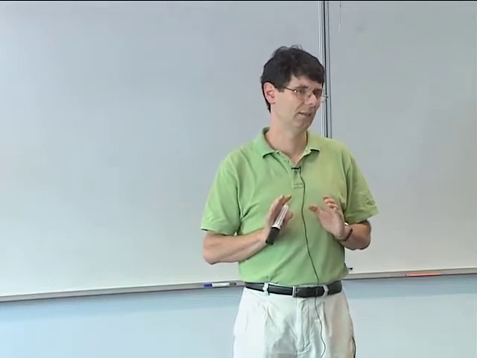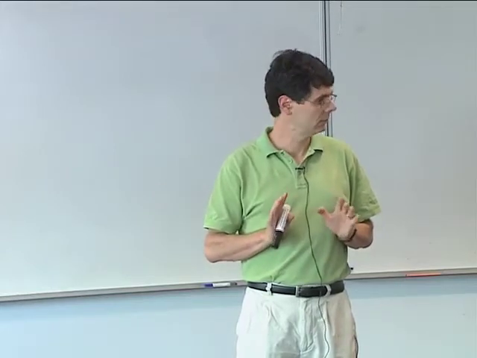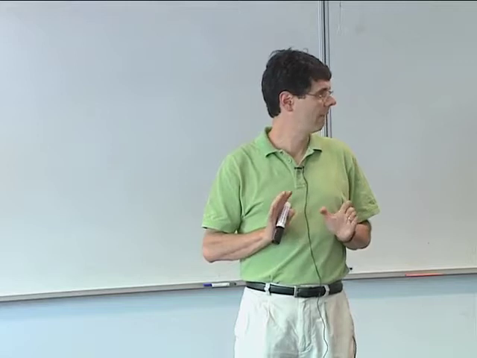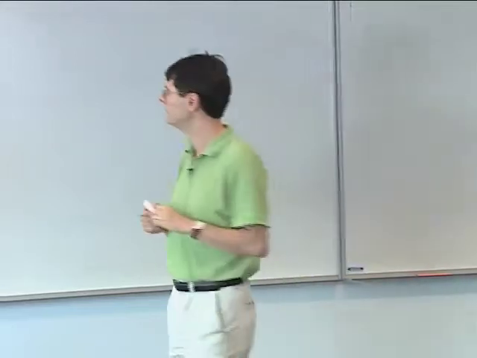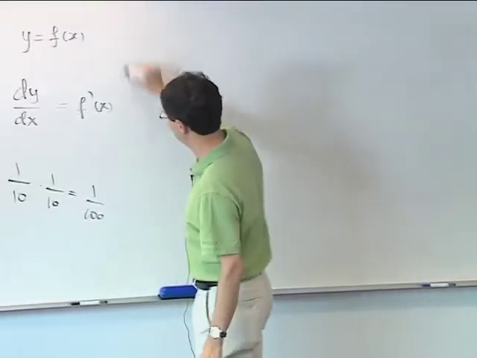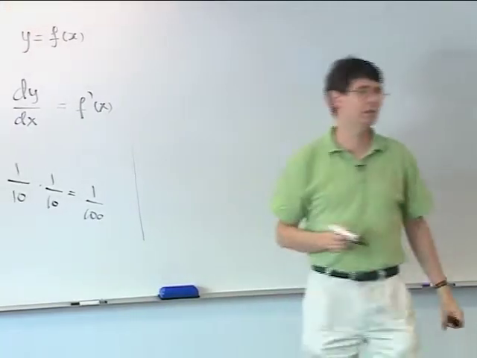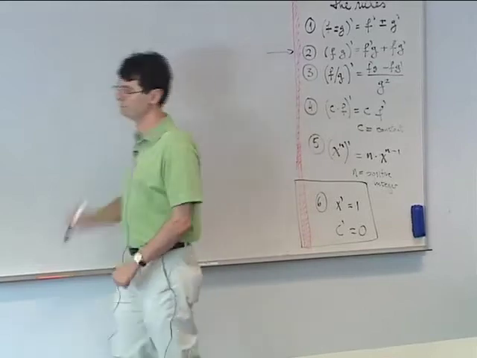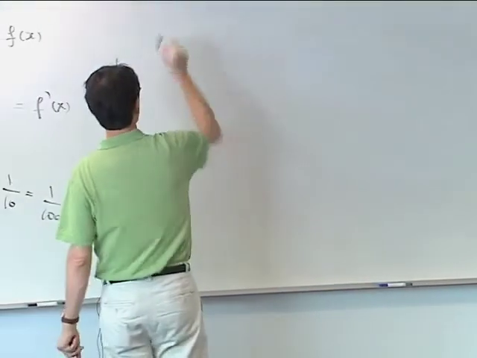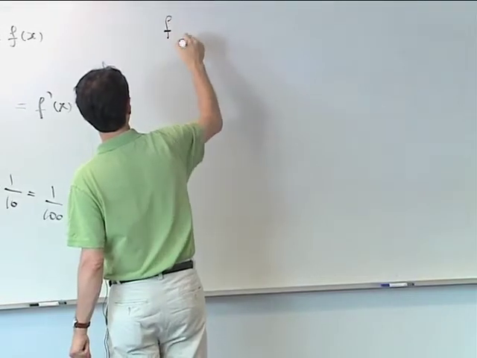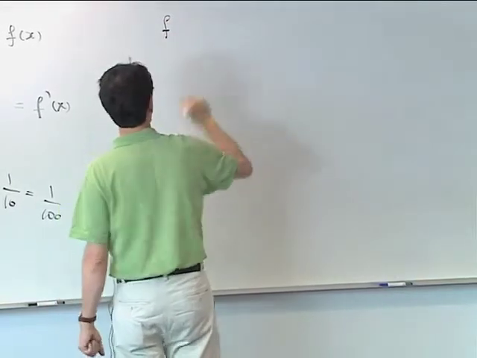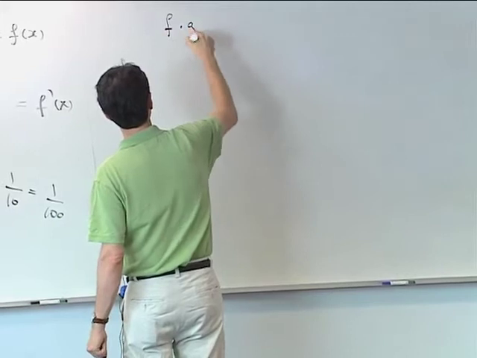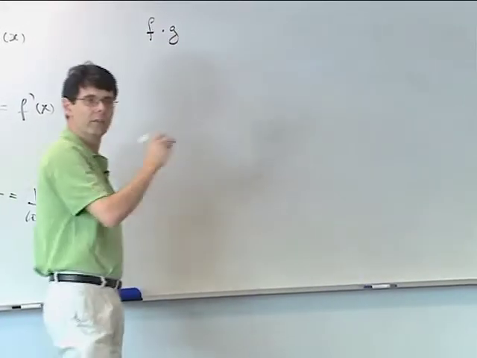All right? Okay. So here's how Leibniz did the product rule. I have a function, f of x, and you want to multiply that by a function g of x, right?